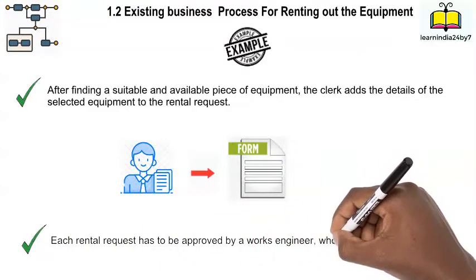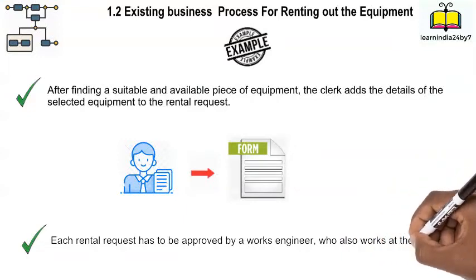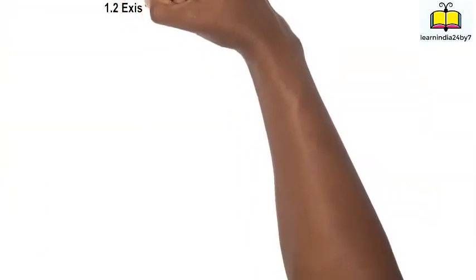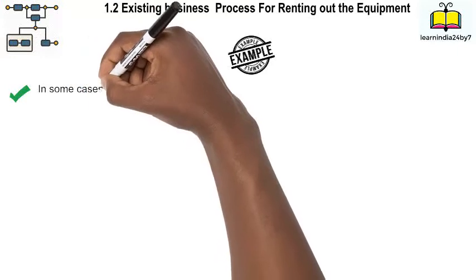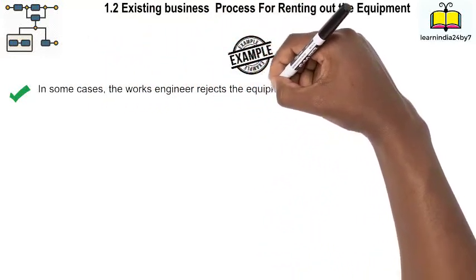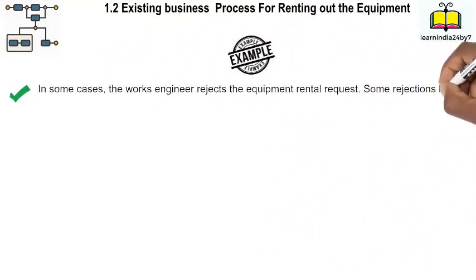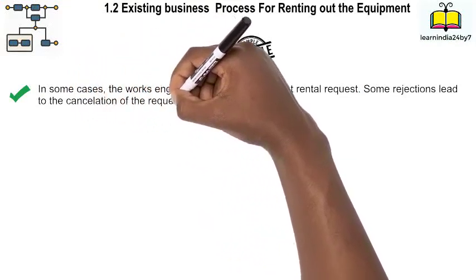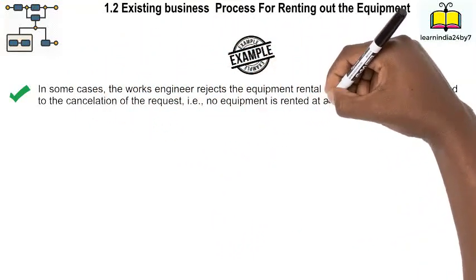Each rental request has to be approved by a works engineer who also works at the depot. In some cases, the works engineer rejects the request, and some rejections lead to the cancellation of the request.